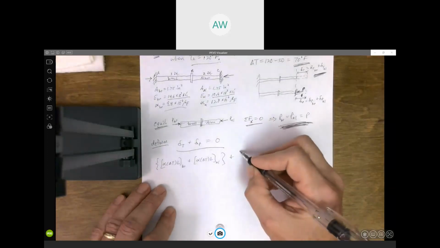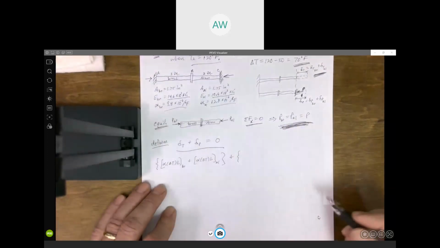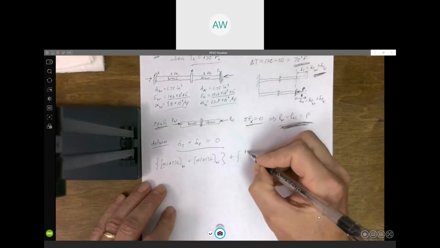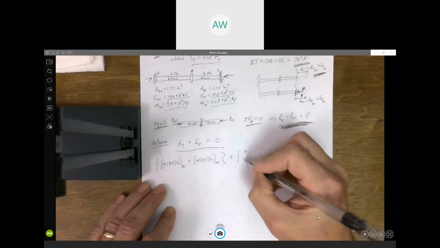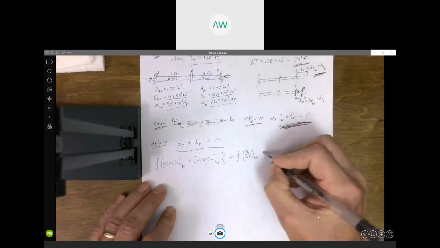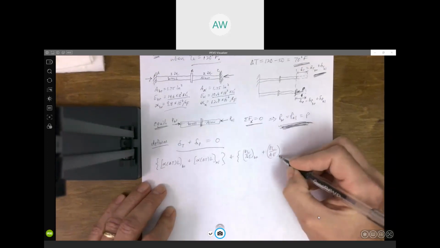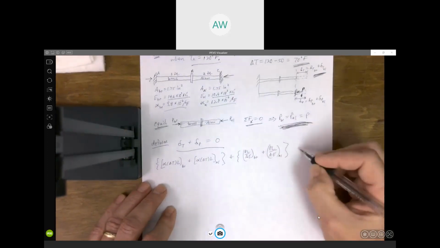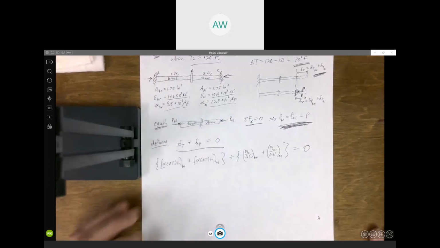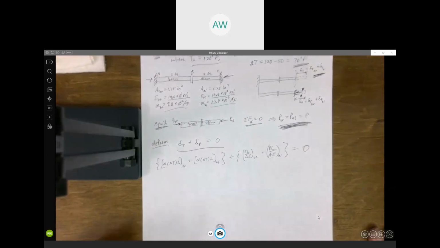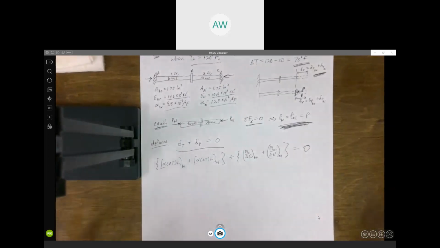Same thing for the deformation due to the axial force P: we're going to get PL over AE for the brass and PL over AE for the aluminum. And when we add all those up, we're going to get 0. And so we know everything here except P, and then we can solve for P.